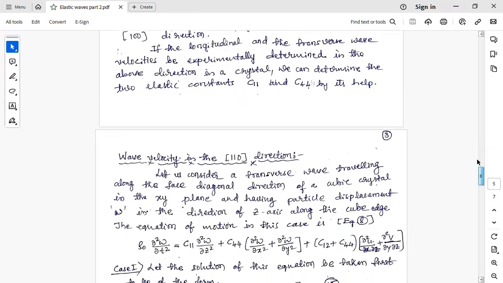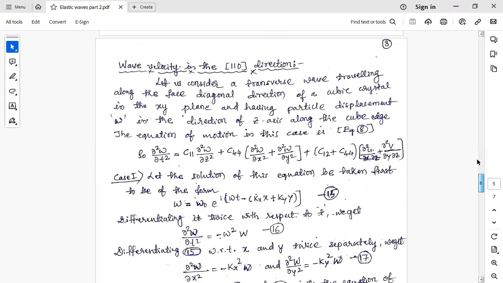Now I am coming to today's topic. In the last session, we studied the propagation of a wave in the 100 direction. But now we have to think that the wave is propagating in the 110 direction. So that is the difference between the earlier case and this case.